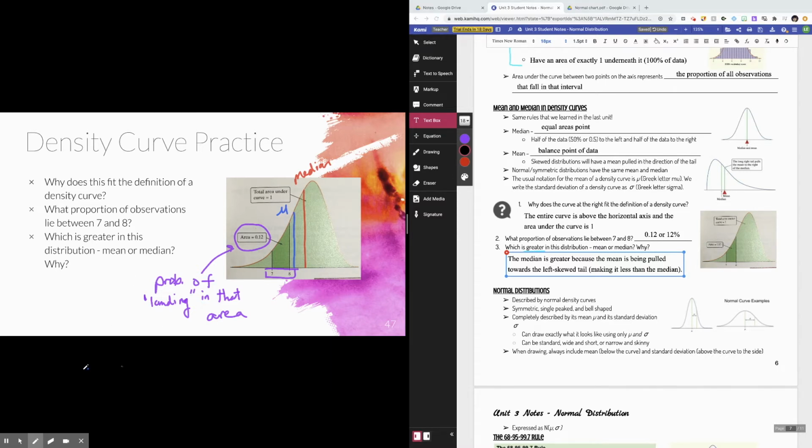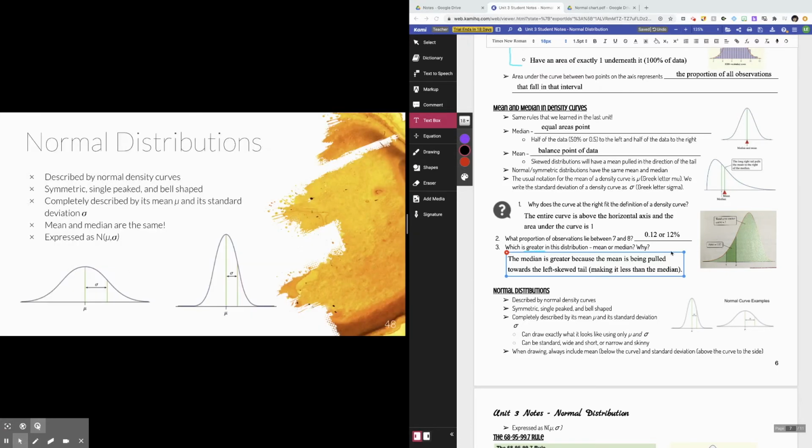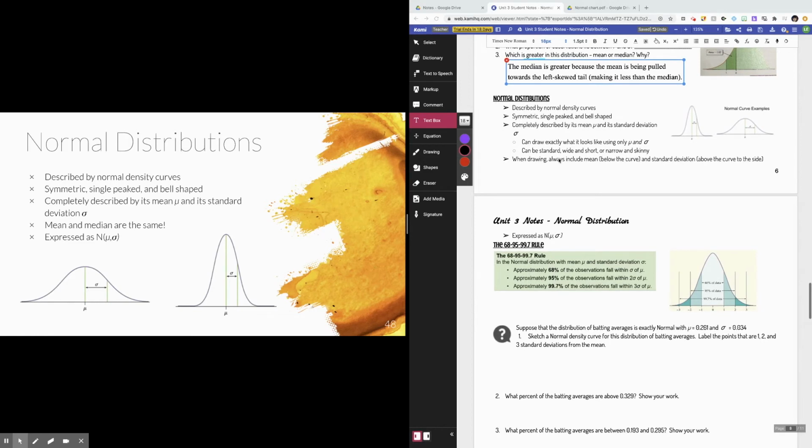Okay, the density curves that we care the most about in this unit, however, are normal distributions. Okay, right, normal distributions and normal density curves. So these are your typical bell curved shaped data.